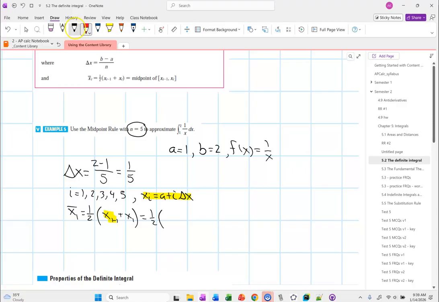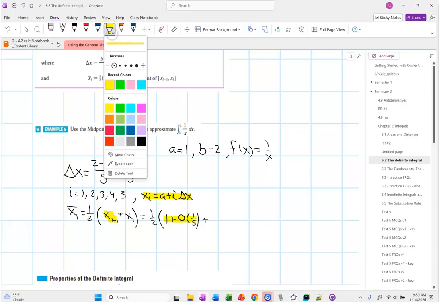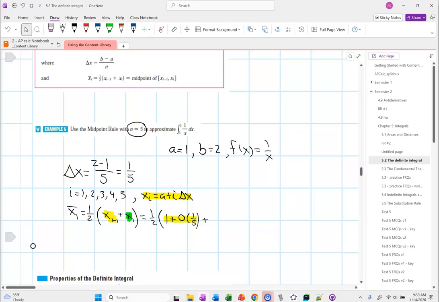So I have a, which is 1, plus i, which is 0, times delta x. And to calculate x_1, I'm going to have a plus i times delta x.